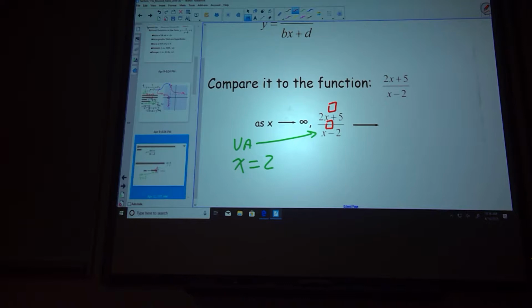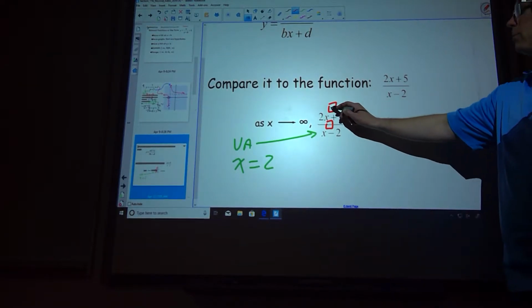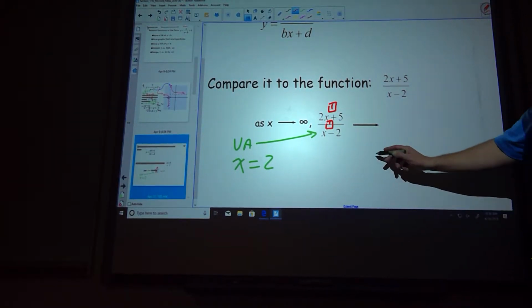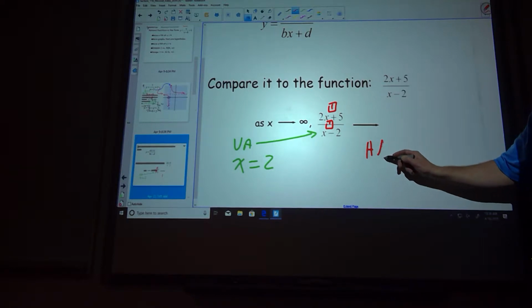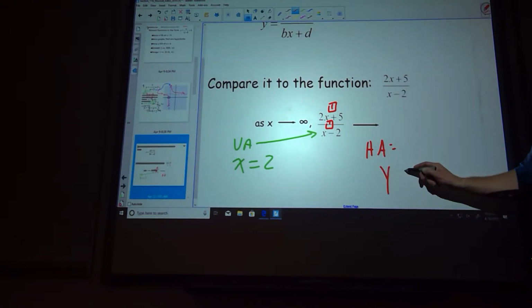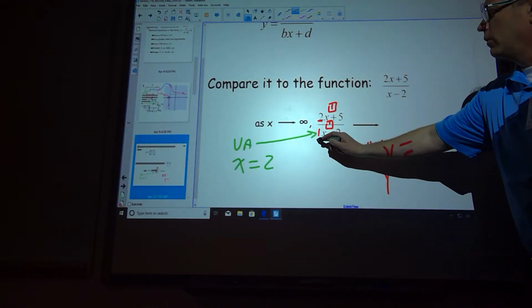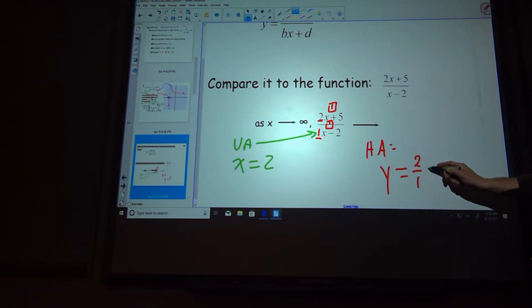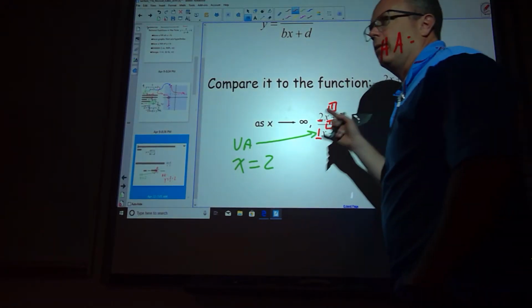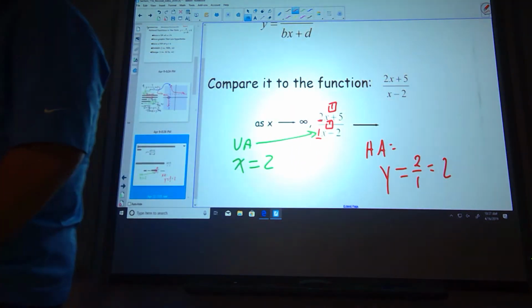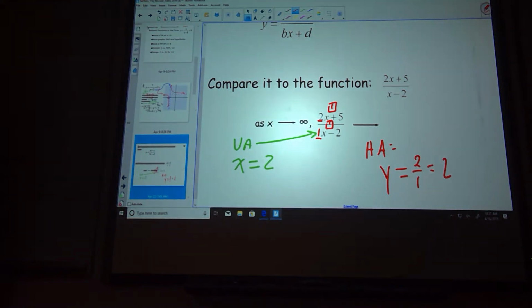So in order to get my horizontal asymptote, it's going to be y equals this number over the number here. So 2 over 1, so that's just 2. That's a little different than what we had worked on yesterday when we had a number outside. So you have to look to see if your degree on top and degree on bottom are equal, it's the lead coefficient over the lead coefficient as your horizontal asymptote.